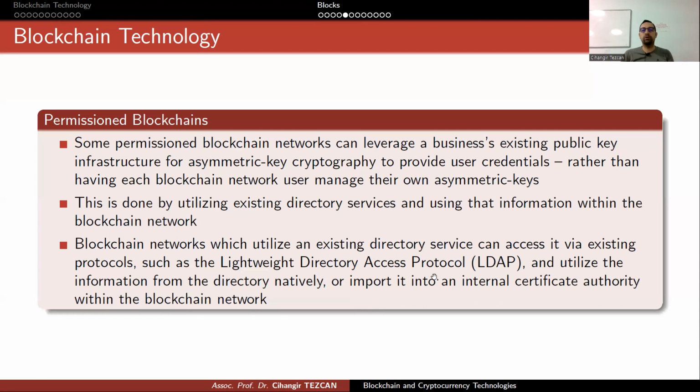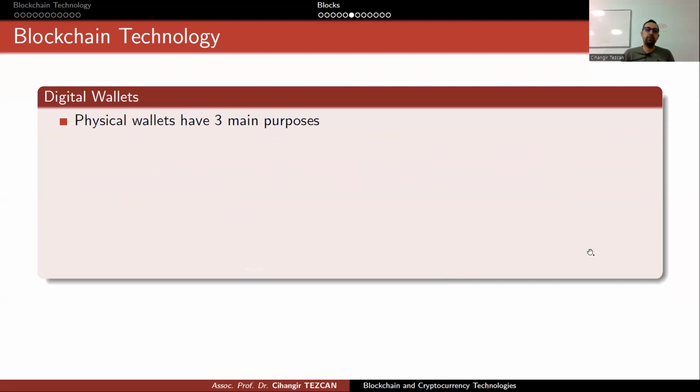So you don't have to always use the idea of Bitcoin, okay? You have some other ideas, because all you need is a public and private key for everybody, right? So if you already have them in a different service, then you can use it.